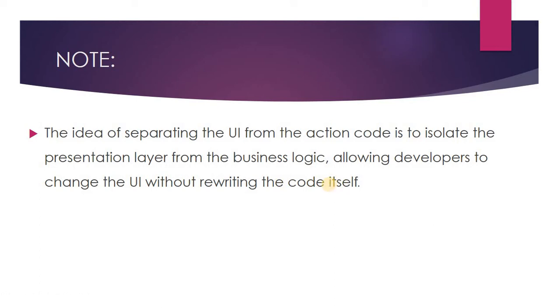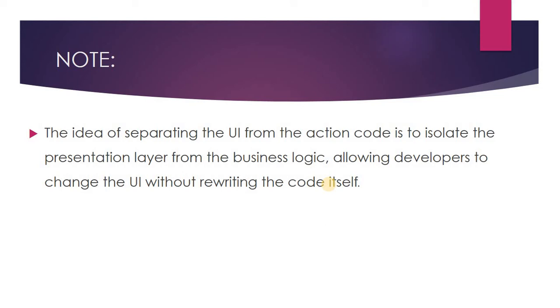Suppose I have defined one view called text view. Behind that, the action code is written in the Java file. The text view control is available in the XML file, and the action code related to text view is available in the Java file.